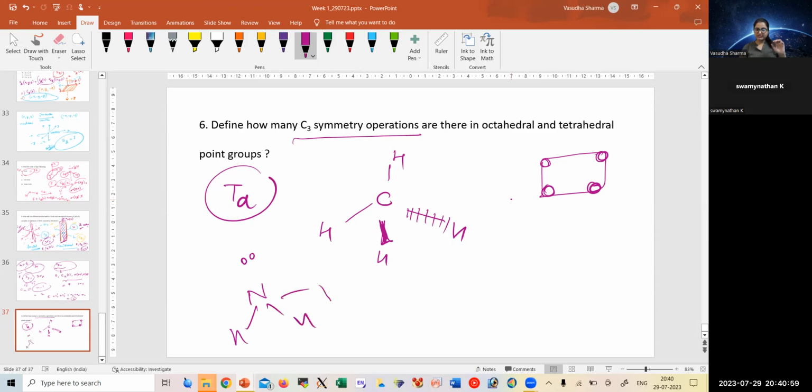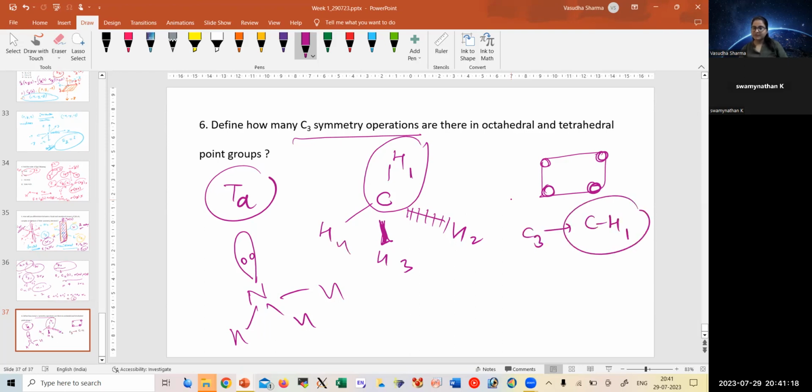C3 goes through N and all the hydrogens are related by 120 degrees. Similarly here, if you consider one CH bond, this is 1, 2, 3, and 4, and C3 along the CH1 bond: 1 is there, and the other 3 would go around by 120 degrees.